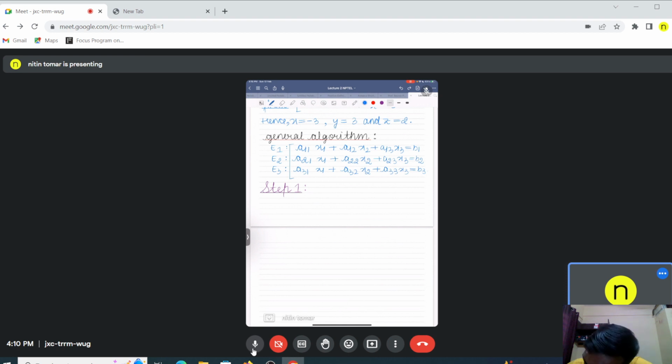So step 1: if a11 is not 0, then define m21 as a21 by a11, comma, m31 as a31 by a11. You note that these will be the coefficients in the next rows.